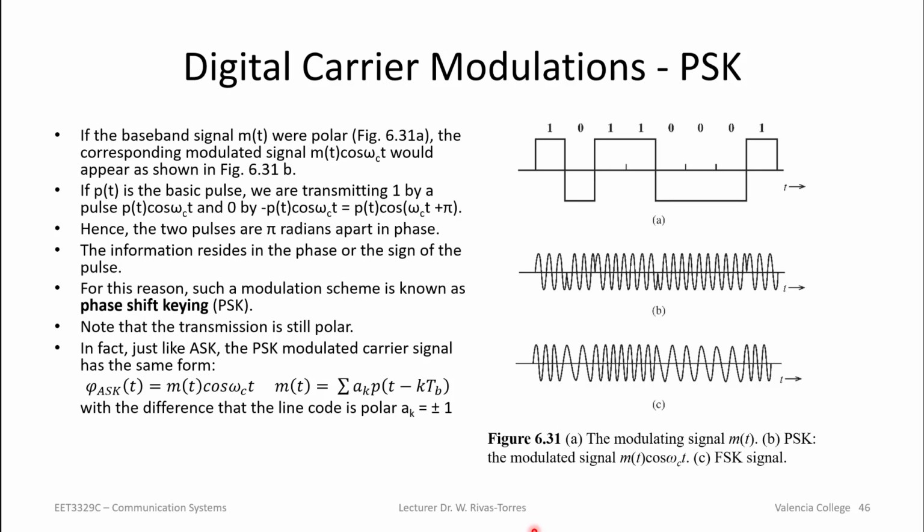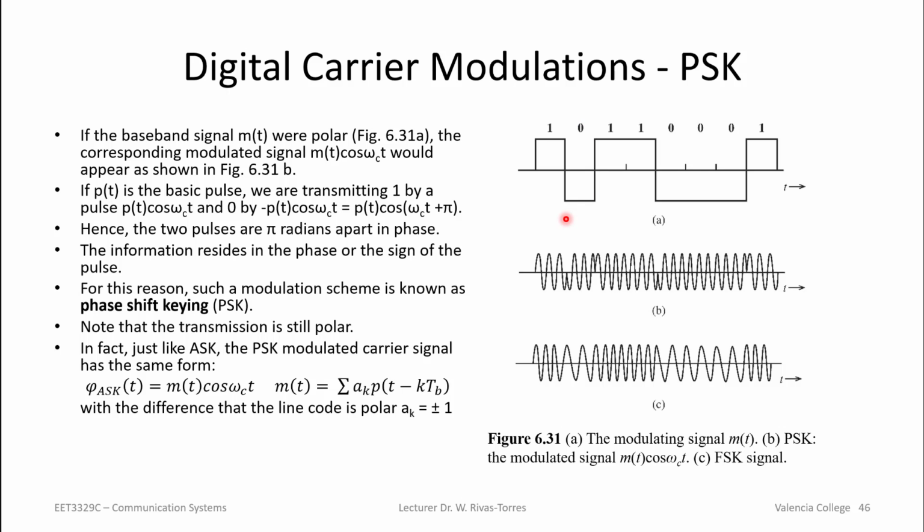So now let's talk about digital carriers, the PSK. If m(t), your message signal, is still digital but now a polar signal, it has both positive and negative values. So a plus one signal will represent a binary one, and a minus one will represent a binary zero.